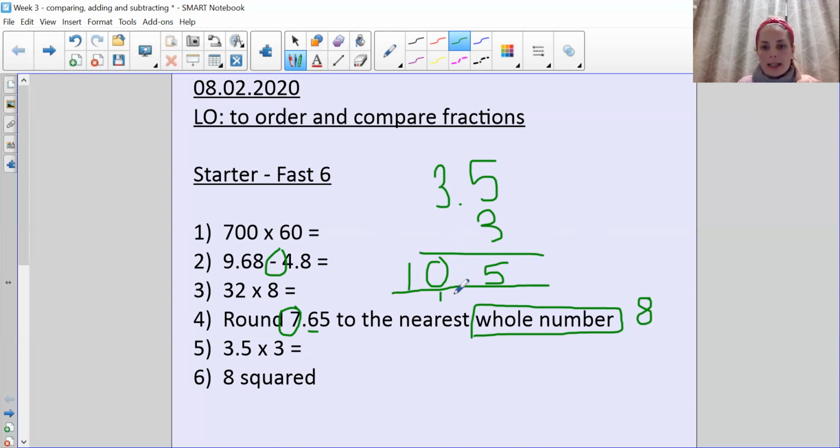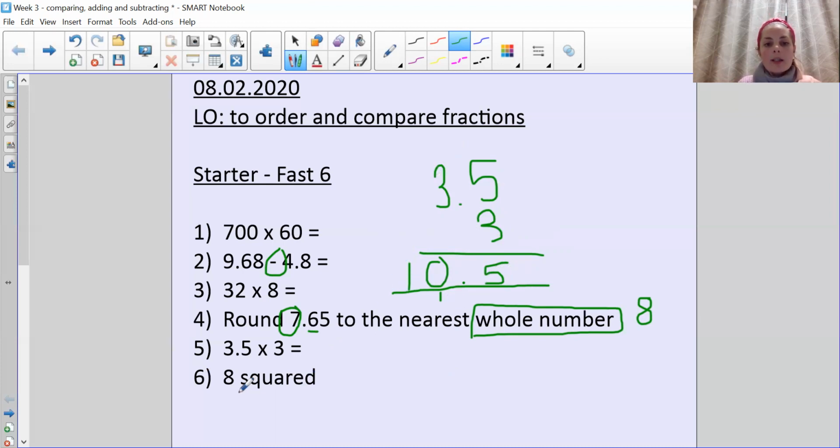Fantastic work. Put that decimal in, and now I've got to see how many digits I have after the decimal here. There's 1 digit. So I'm going to count 1 digit, and I'm going to put the decimal in there. So 10.5. And if you think about 3.5, if you have 3.5 plus 3.5 plus 3.5, you're going to get 10.5.